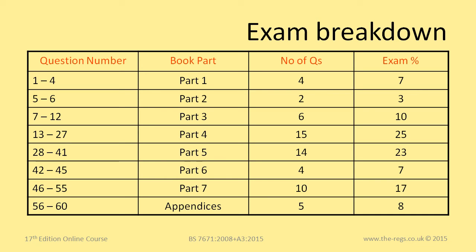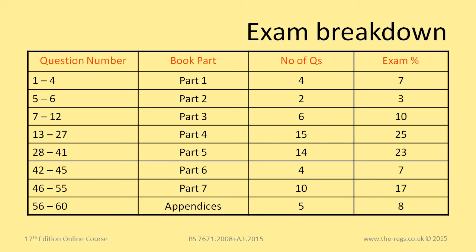There's only 5 questions on the appendices, so that means within parts 1 to 7 you have got 55 questions. So it's basically as good as, say, 300 pages, 55 questions, and the last 200 pages or so, 5 questions. So think about it from that point of view.